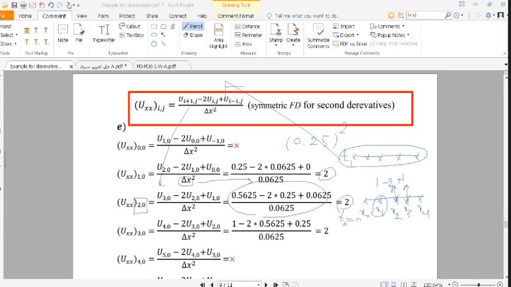The third term, you write u0 and minus 1. It's a mistake, it's incorrect. You should write u minus 1 and 1, okay? Minus 1 and 1, not 0 and minus 1. The second index for all of them should be 1, 1, 1. U 1 and 1, 0 and 1, and minus 1 and 1. Okay?